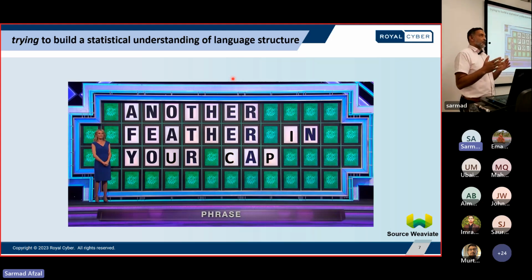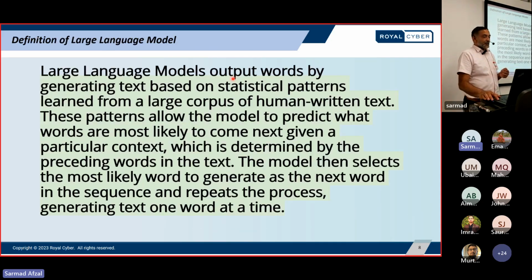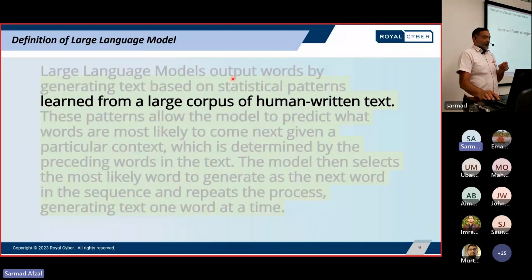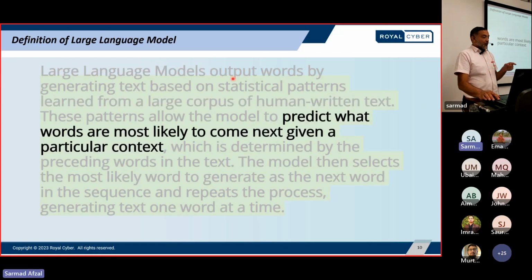What they do is try to figure out what the next word will be, based on the preceding words. If you see the definition of a large language model, the main gist is that it learns from a large corpus of human written text and predicts what words are most likely to come next, given a particular context.